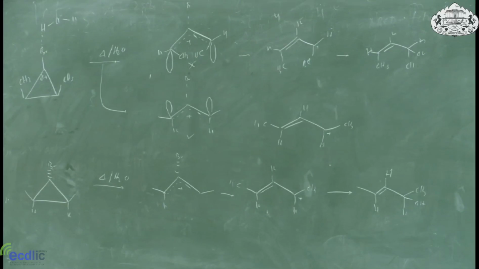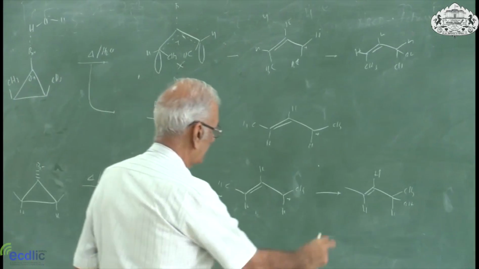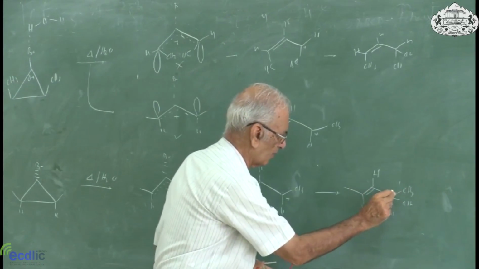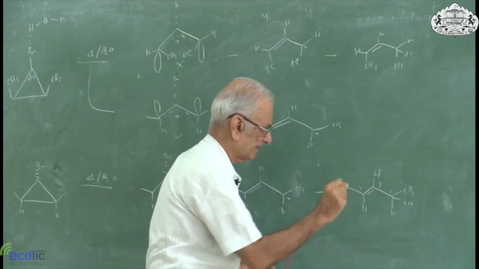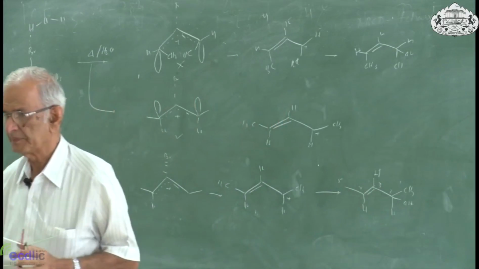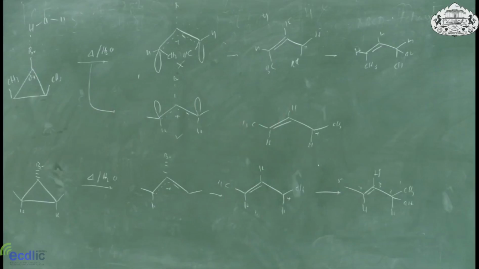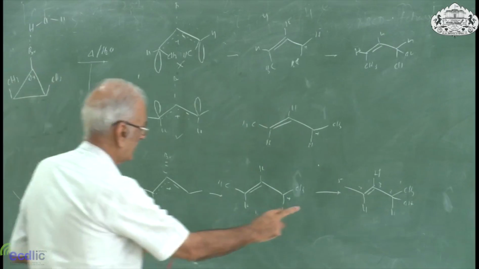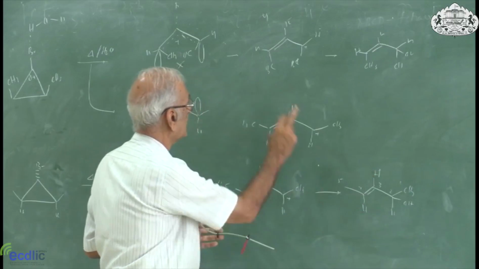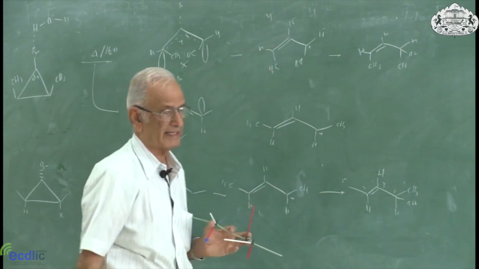I must start the numbering from the right hand side. Why should I start from the right hand side? So that OH will have the smaller number. So, 3-pentene 2-ol. In this case, the product is going to be the trans product.